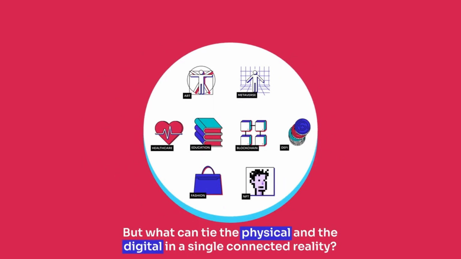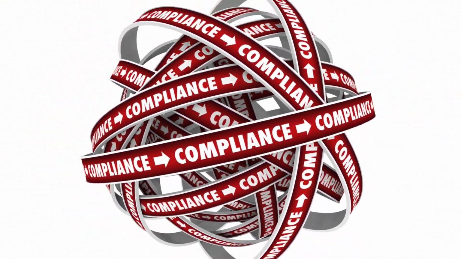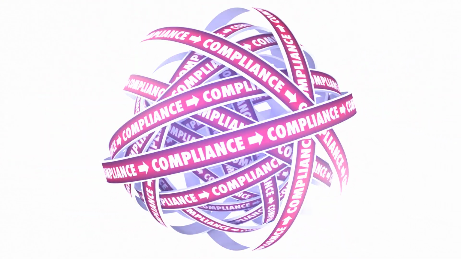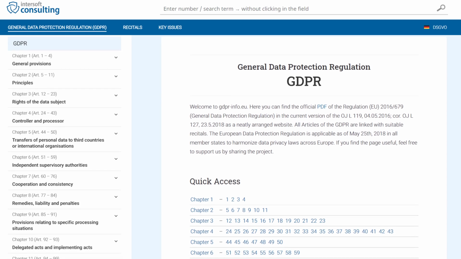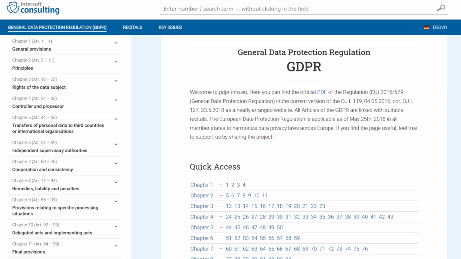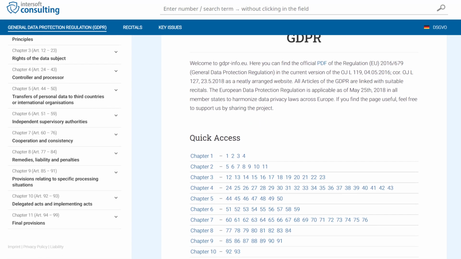So, why is data lineage important? Well, data lineage is important for a number of reasons. Firstly, it helps organizations comply with regulations such as the European Union's General Data Protection Regulation, or GDPR, which is a topic we have already discussed on this channel before as it relates to OriginTrail.